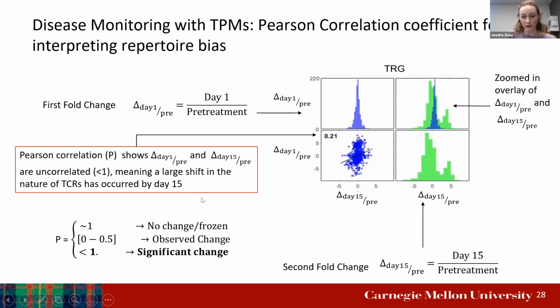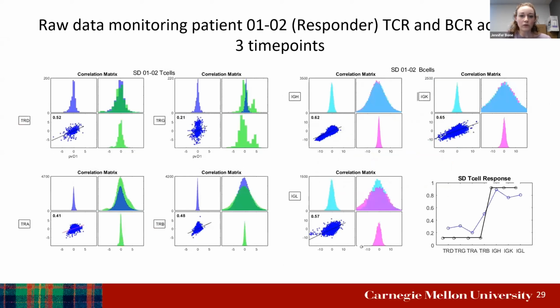This is how we took a first pass at analyzing this. Here I wanted to show you some raw data of a single patient. This is 7 chains, so you'll count 7 matrices, each like the one I showed you before, with 4 panels for each chain. You can really see how the chains are changing.